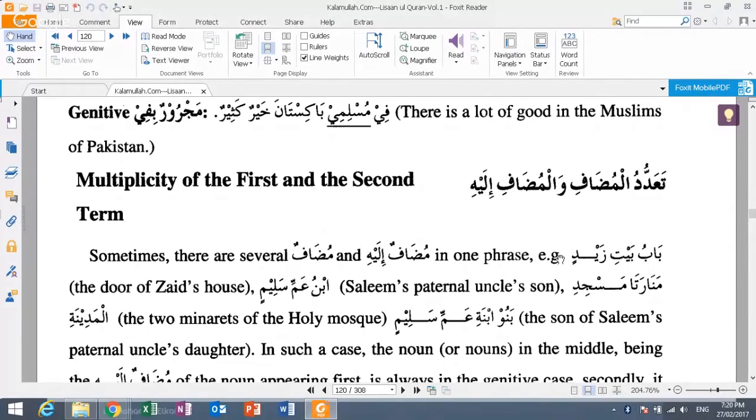So Babu bayti Zaidi ibni, we take the noon off. So this Zaid is mudaf ilayh for ibni, but mudaf for, I'm going to add another, Abdillahi. See, ibni is mudaf ilayh for Zaid, but mudaf for Abdillahi. Babu bayti Zaidin ibni Abdillahi.